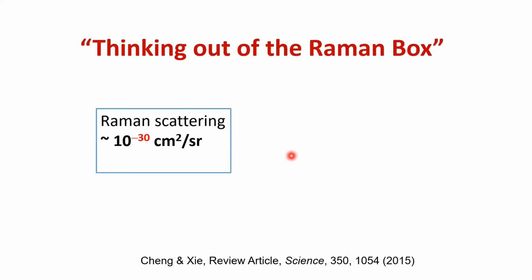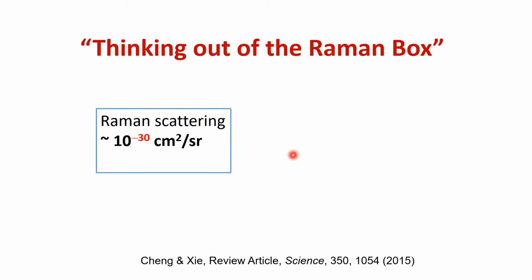Back in 2015, when I was writing this review article, we were thinking about what the boundary of the field is. And we realized that Raman imaging, no matter coherent or spontaneous, is limited by this very small Raman scattering cross-section. So we boldly thought out of this Raman box.